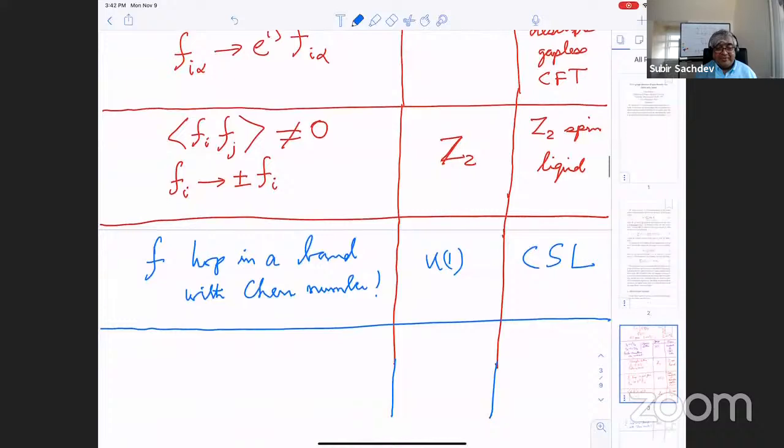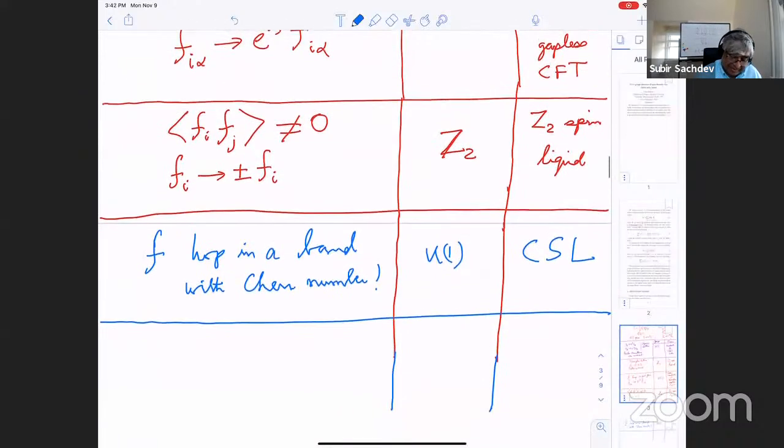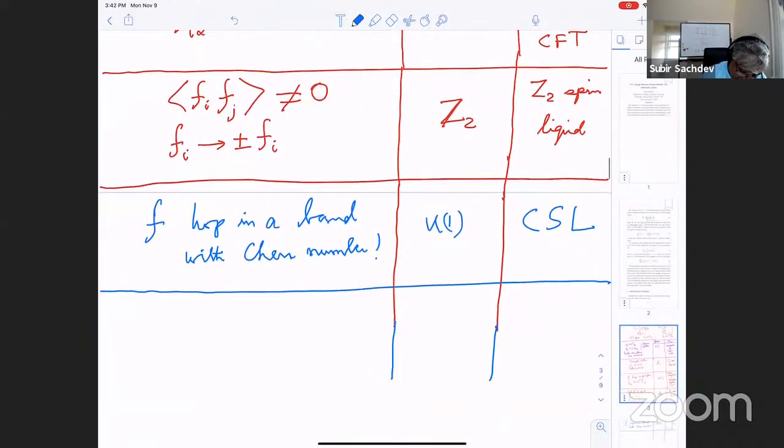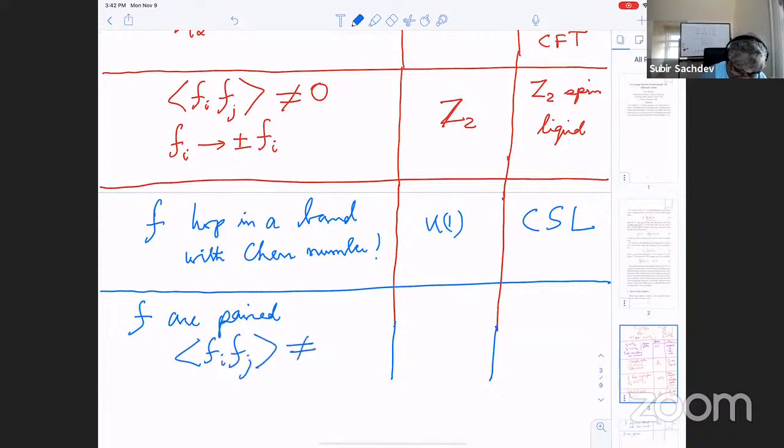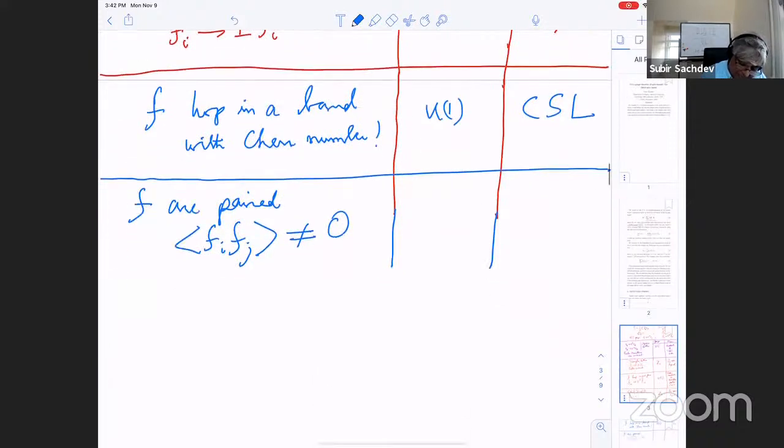So how about we do both? So if you take a general model where the F are paired, so you still have Fi, Fj is not equal to 0.